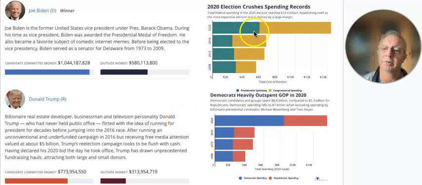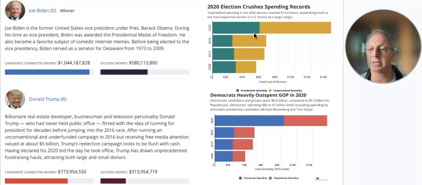Overall, the 2020 election crushed prior spending records that year, and nearly $14 billion was spent, actually more than that, $14.4 billion spent on the 2020 election. Democrats outspent the GOP in 2020, and that helped them regain control of the Senate, but they did lose the House of Representatives in 2020.